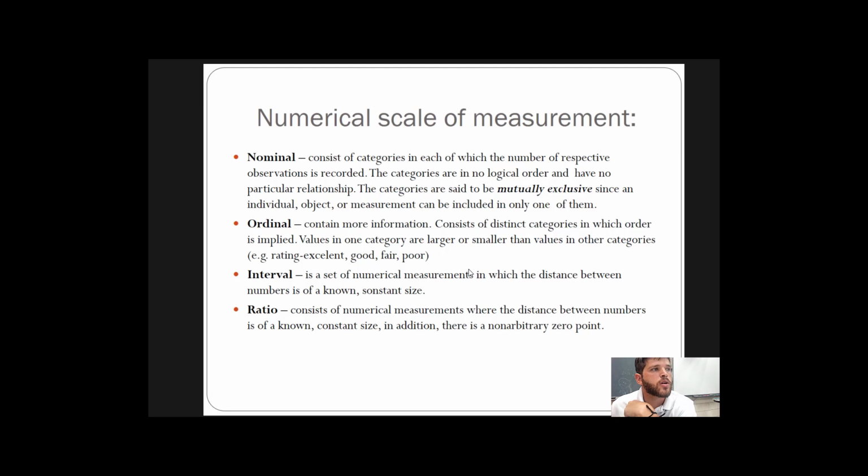So it consists of numerical measurements where the distance between the numbers is of a known constant size. In addition, there's no arbitrary 0 point. So what this means is it gives us the order, the interval values, plus the ability to calculate ratios since there's a true 0. And if that part's a little confusing, don't stress out too much about that. We'll have more practice with those terms later on.